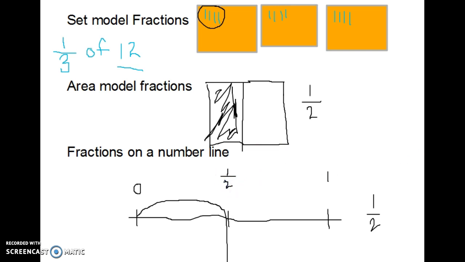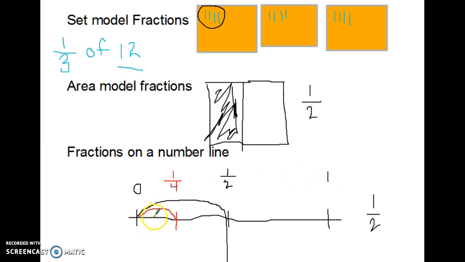Okay, so I'm going to change colors and show you, let's say, 1/4, which would be halfway between 0 and 1/2. And you can check your work by seeing, okay, 1/4, that means I'm dividing a whole into 4 pieces.